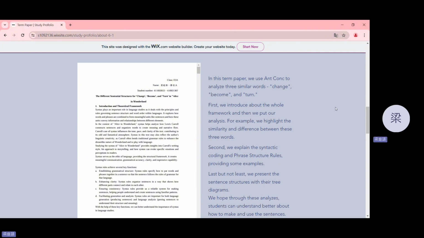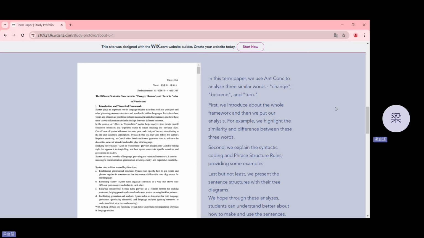In this term paper, we use AntConc to analyze three similar words: change, become, and turn. First, we introduce the whole framework and then we present our analysis. For example, we highlight the similarity and difference between these three words.